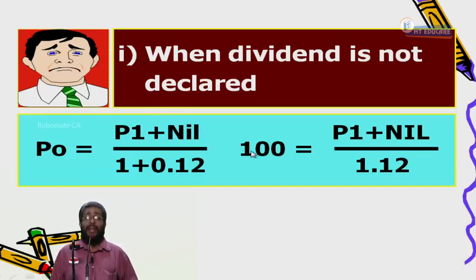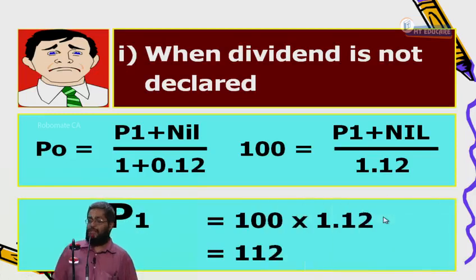No. I am writing here what? Market price. Don't think I am writing face value here. Had the market price been 90, I would have done only what? 90. Now investor never invests face value. He invests only what? Market price to buy the share. Yes or no? So P1 is equal to 100 into 1.12, which is equal to 112. P1 is equal to 112.